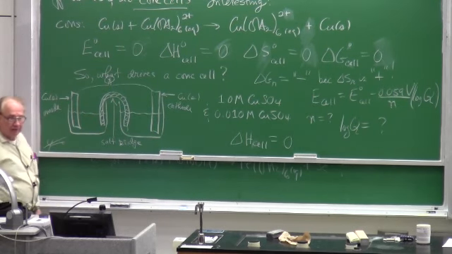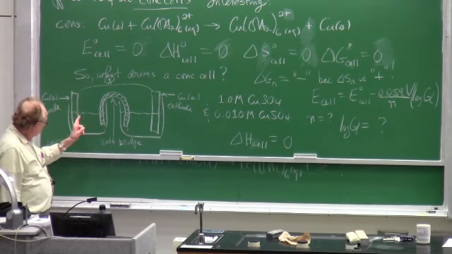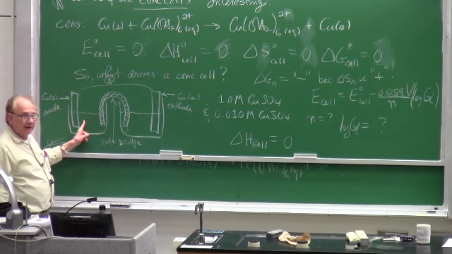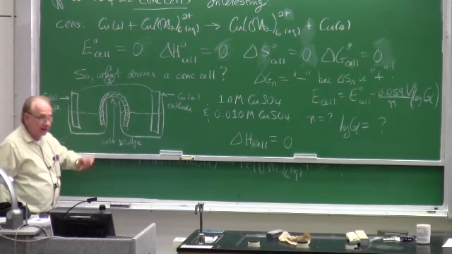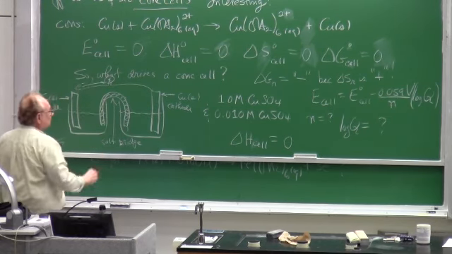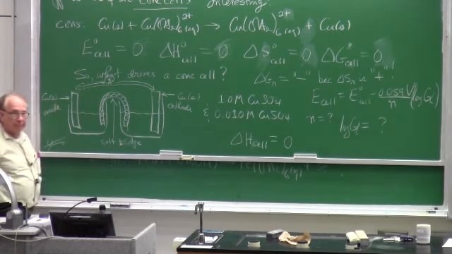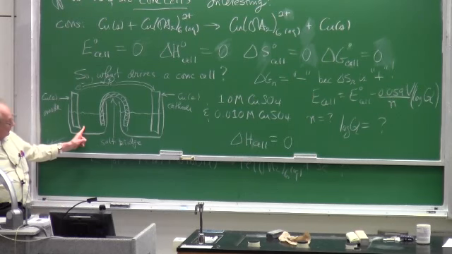So if I want this cell to have the left cell as the anode compartment and the right cell as the cathode compartment, which means the electrons will flow this way through the bulb, which copper sulfate solution do I put in this cell?